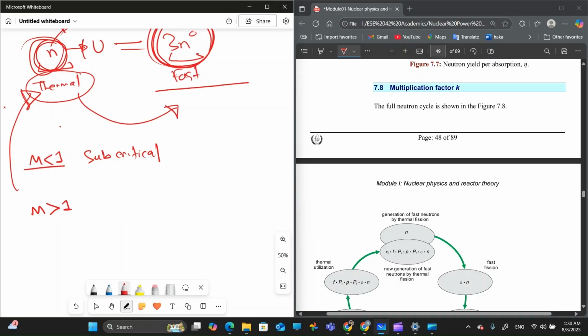If you remember, when a neutron hits a uranium-235 atom, it creates 200 electronvolts. Each neutron, when these three neutrons hit other three uranium atoms, will create another 200, 200, and 200.